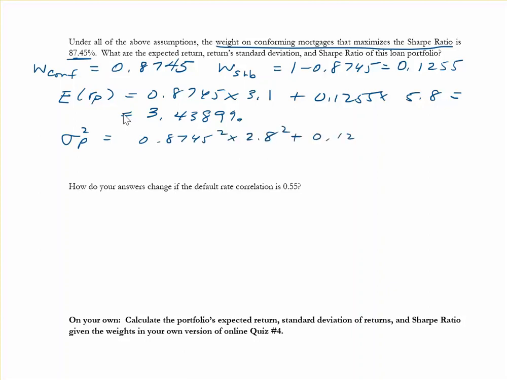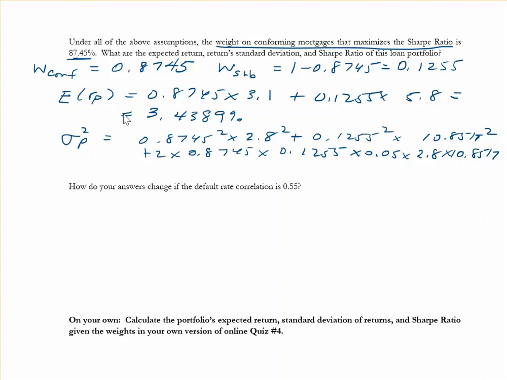So you can see these calculations are pretty intensive with all the numbers you have to keep track of. And the variance will be 8.1839.